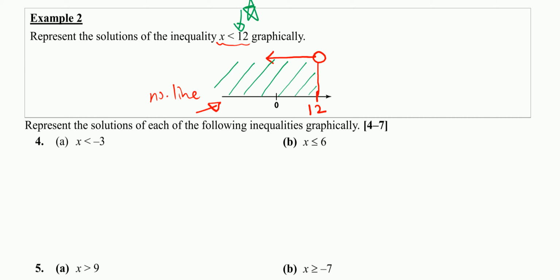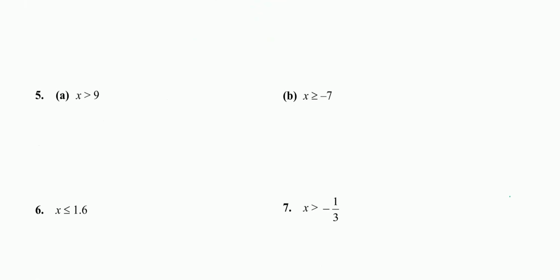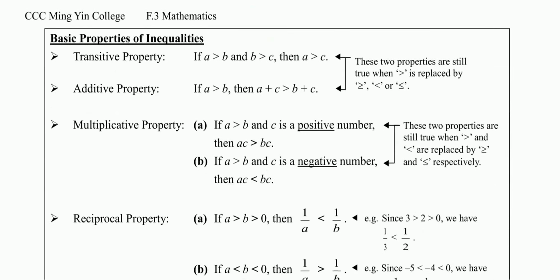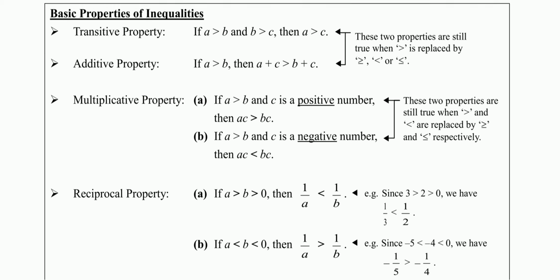So we want to use the graphical representation to show our answer more clearly. And okay, so let's move on to some basic properties. As you know, we have the graphical representation to show our answer. But actually, inequalities have some properties we should consider.